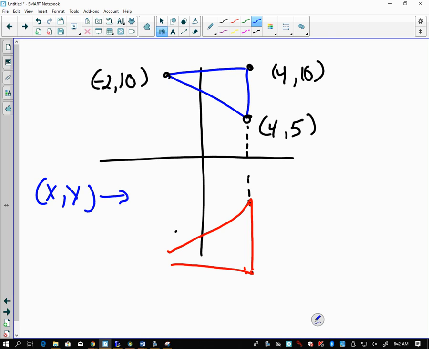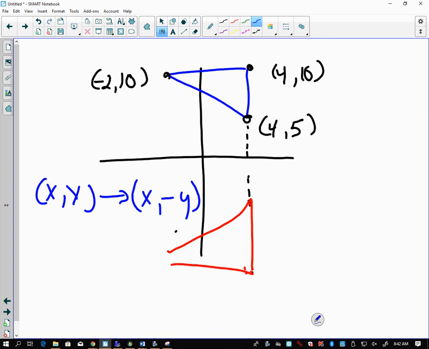Your x stays the same, but your y turns into a negative. Your y becomes the opposite. So x stays the same, and y becomes the opposite sign. If I'm coming from the positive side of the x-axis and going down to the negative side, the x values don't move. I didn't move left or right at all.